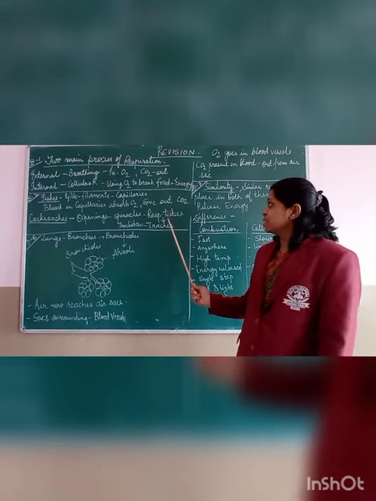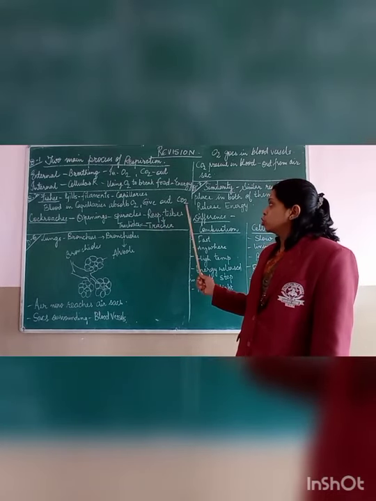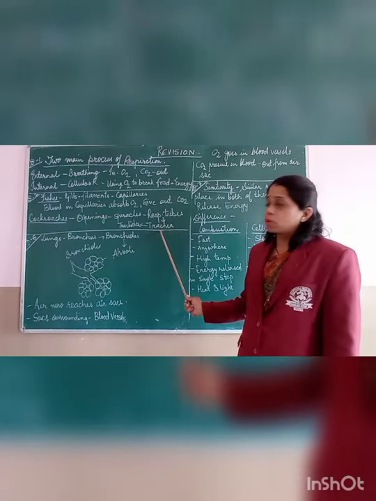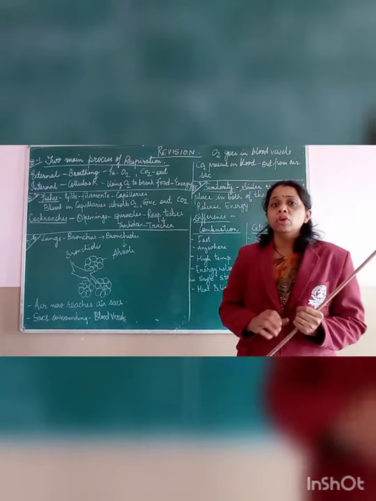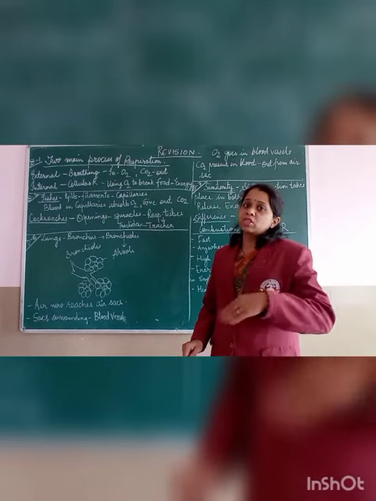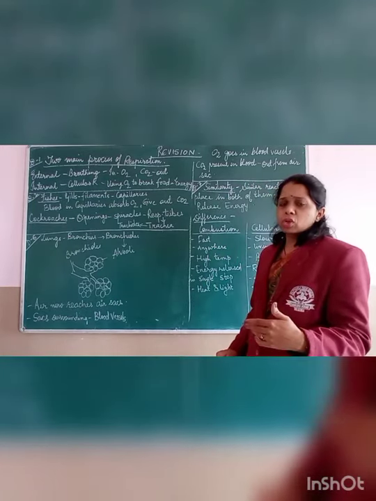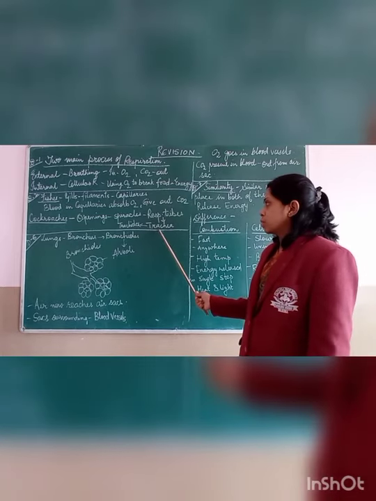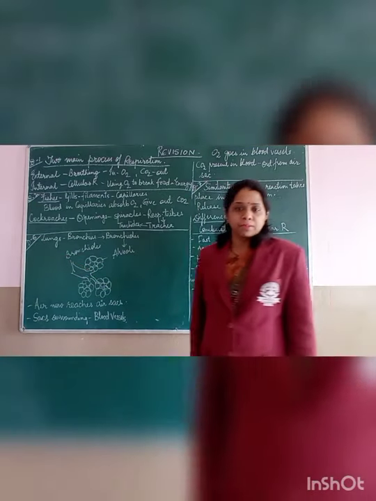Those tubes are called respiratory tubes, or trachea. Further, the trachea develops into tracheoles, and then the exchange of gases takes place. That is, they take in oxygen and give out carbon dioxide. Understood, children?